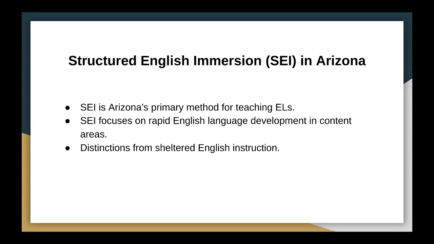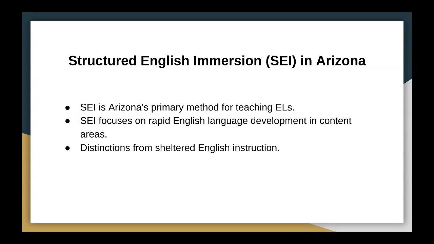So, moving on to structured English immersion, or SEI, the primary approach Arizona uses to teach English learners. SEI emphasizes rapid language development while also teaching academic content. This method ensures that students acquire English quickly, enabling them to participate in general education classes.